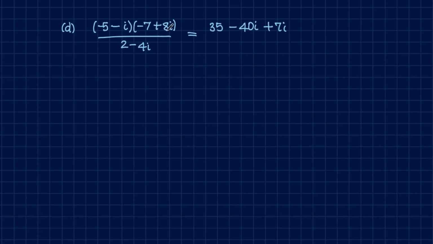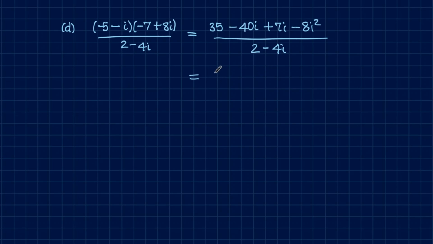And lastly, negative times positive is negative, and then i times this i is i squared. 1 times 8 is 8. So we have 8i squared. However, let's keep maintaining our denominator the same as we simplify the numerator to two numbers only.